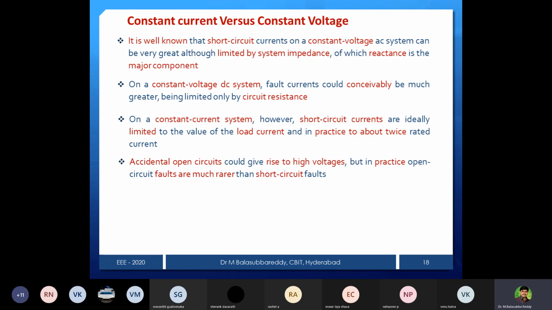So what will happen? Load is fluctuating. According to the load scenario, the local dispatch centers or central dispatch centers monitor that load scheduling, and they will adjust the voltage taps, that is the tap changing transformer, in such a way that you maintain a constant voltage.